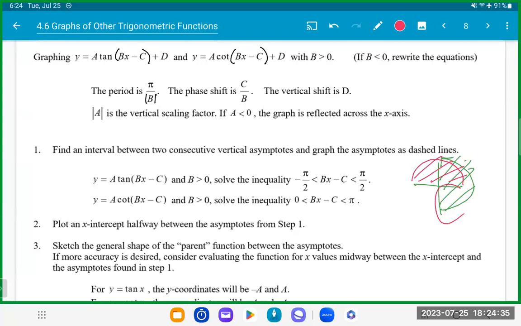So here's where the tangent is negative, here's where the cotangent is negative, and they're both positive in the first quadrant. And this will all come into play in the coming sections when we start talking about inverse functions, because remember, we're bounded with our cotangent. This is our boundary, right? We can go from 0 to pi. We have an asymptote at 0.